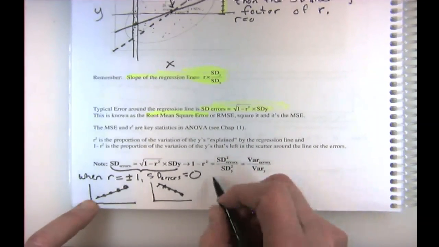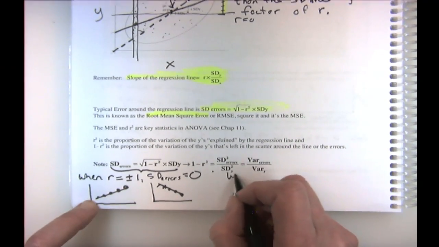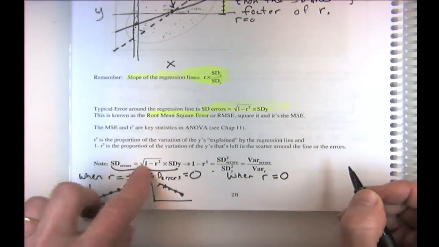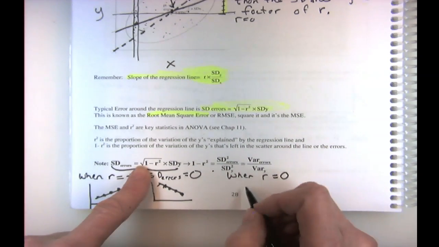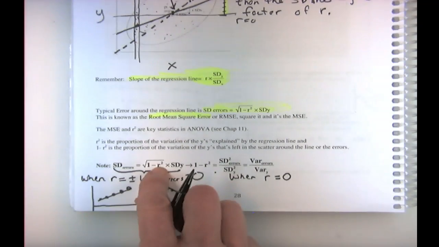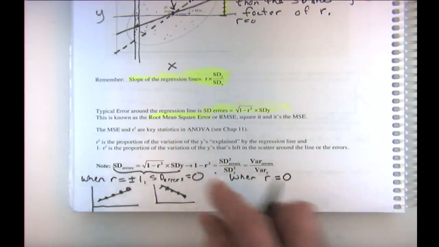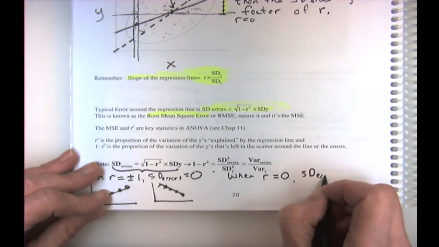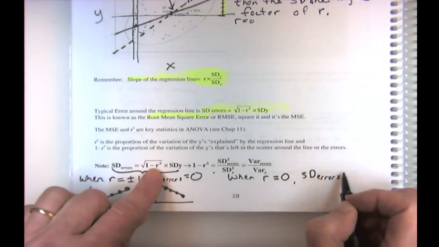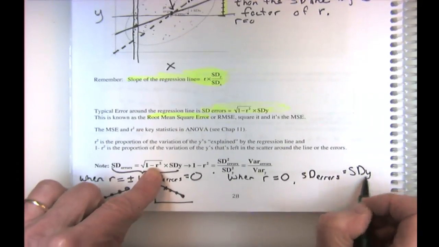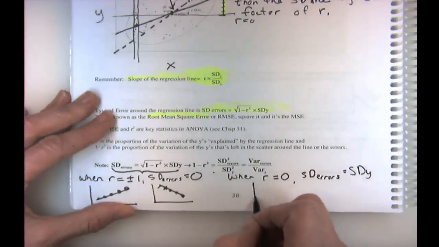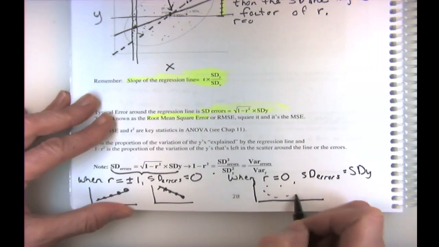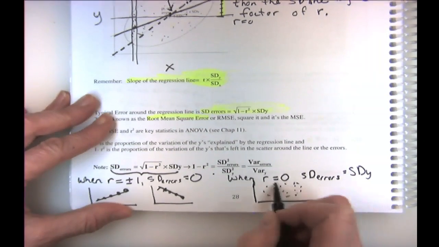All right. Now, let's go to the other extreme, when r equals 0. Let's look at that relationship. So now you put a 0 in here, and the standard deviation of the errors is equal to what? You put a 0 in there. It's equal to the standard deviation of y. And that makes sense. We just talked about that. When r is 0, that means you just have random scatter, no correlation.